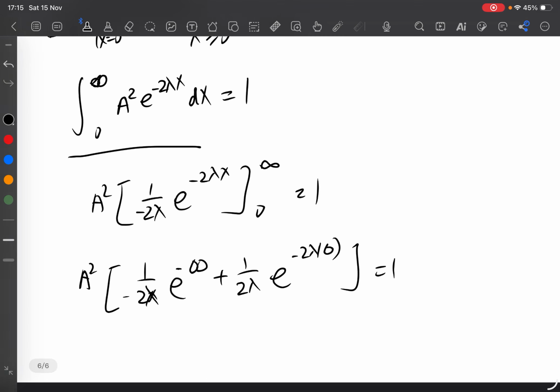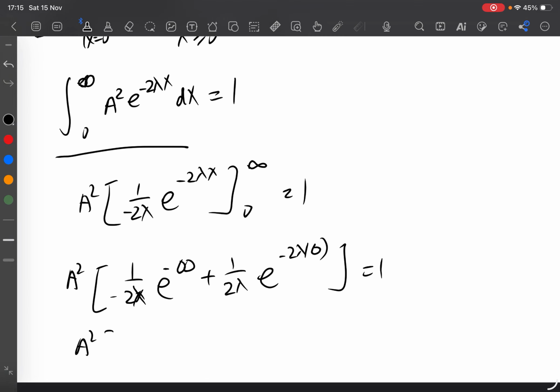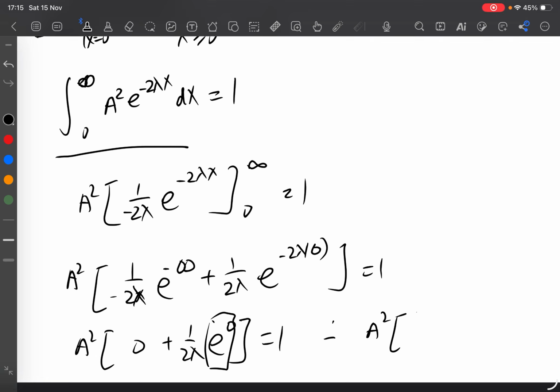Which means this term will go to 0, and this term will be 1. So this will be a squared over 2 lambda equals 1.